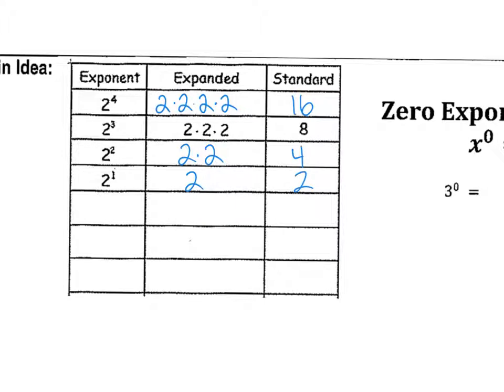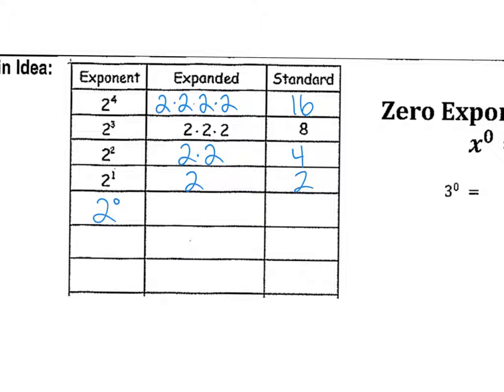Okay, easy. Okay, what seems natural for me to write in the space below? 2 to the 0, if we're following the pattern. Okay, well, here's the rule for zeros. Any number to the 0 power is just 1.